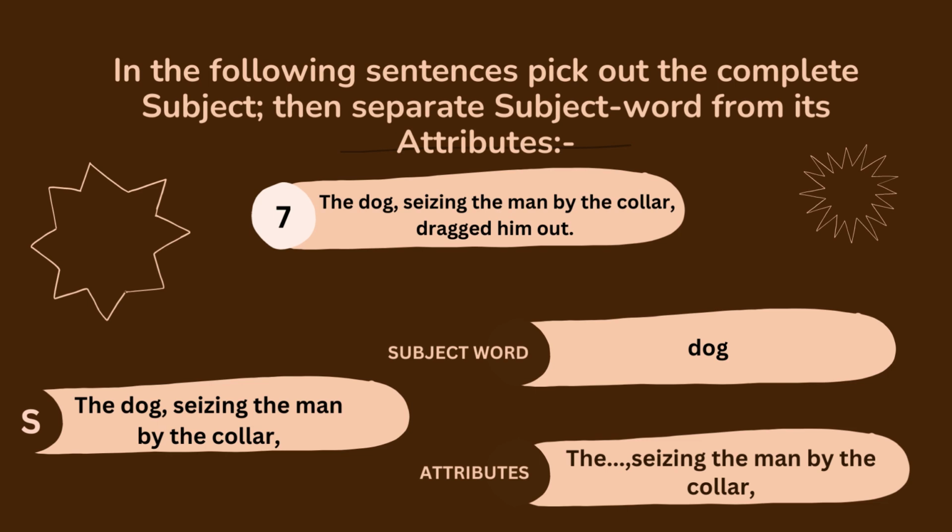Here the dog seizing the man by the collar is the complete subject, and the word dog is the subject word, and the rest of the words in this subject are the attributes. And I will repeat, seizing the man by the collar is the attribute of the subject word dog.